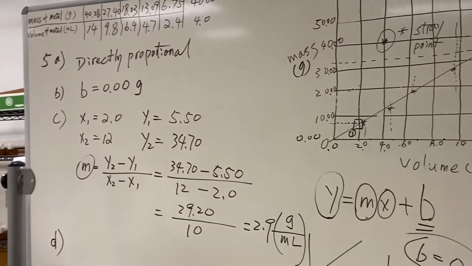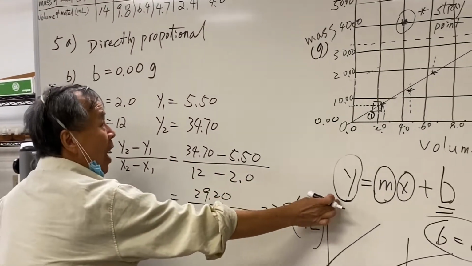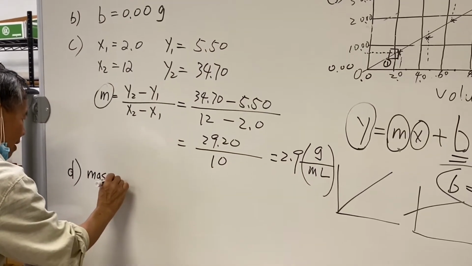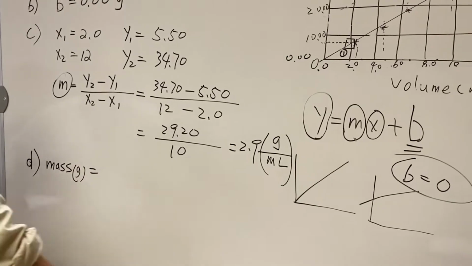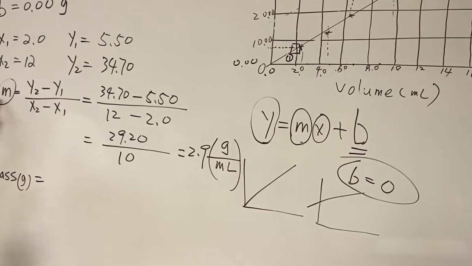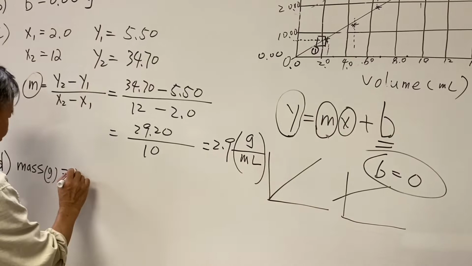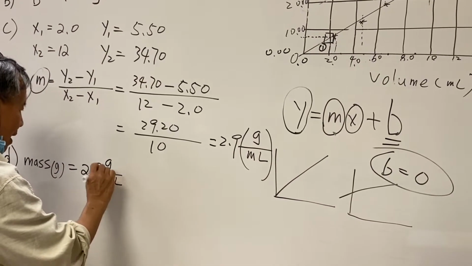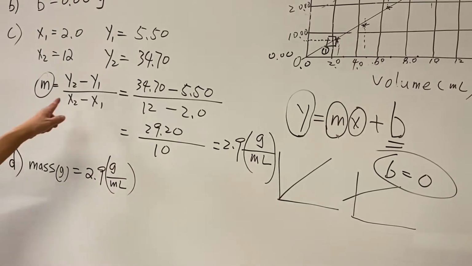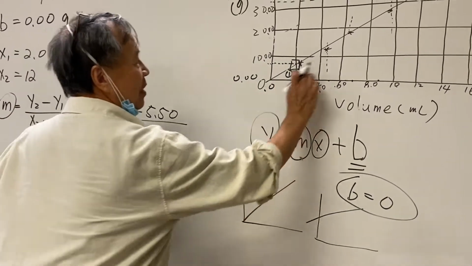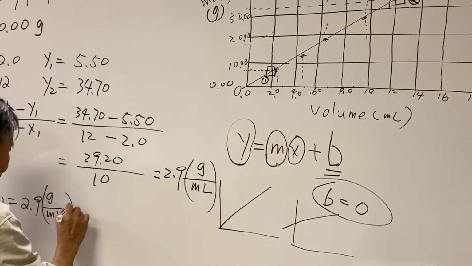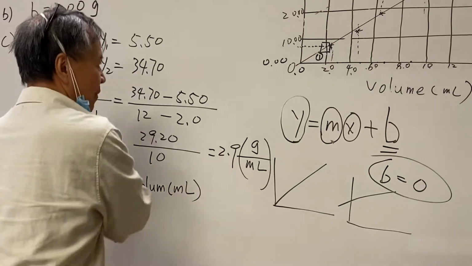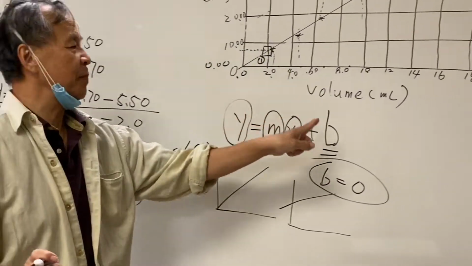So now your y is mass. Simply write mass with the unit. Slope, right here, it's the actual number, 2.9. Don't forget your unit. And then your x, the variable, is volume. And then this b.